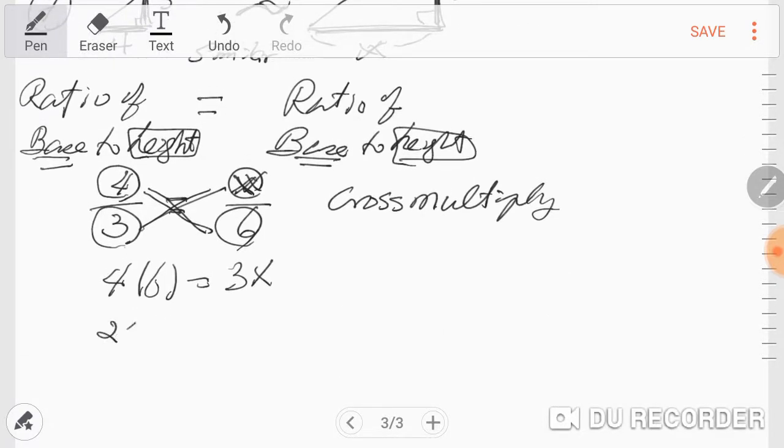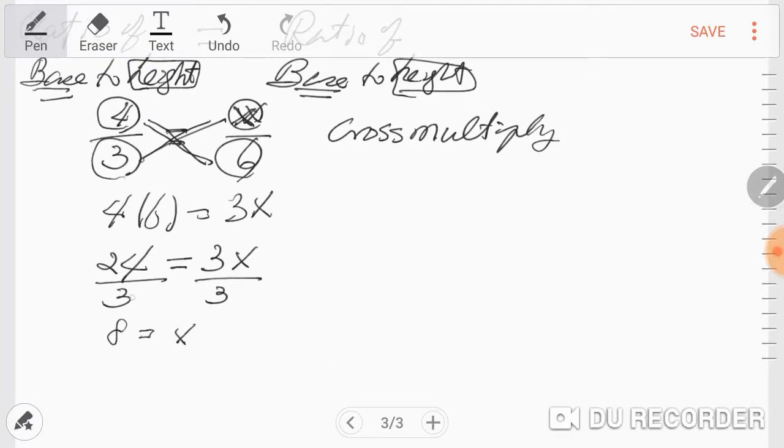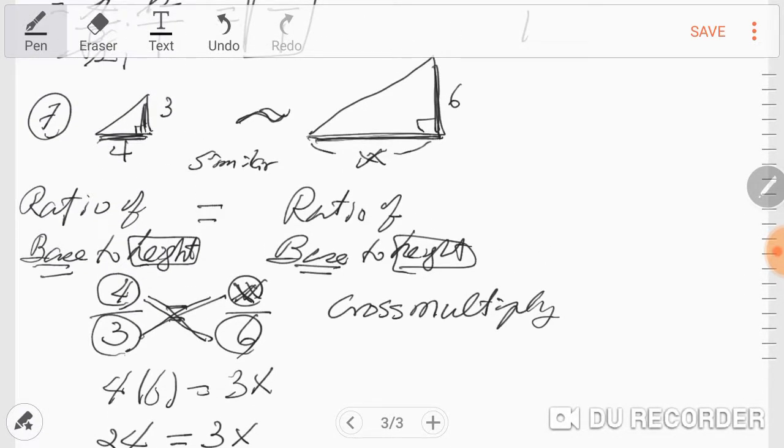Then 4 times 6 is 24, which is equal to 3x. Divide each side by 3. Then x equals 8. Interchange the sides: x equals 8. So the base of the larger triangle is 8.